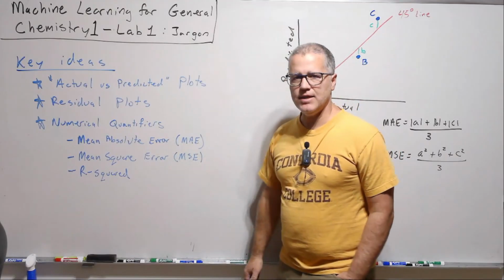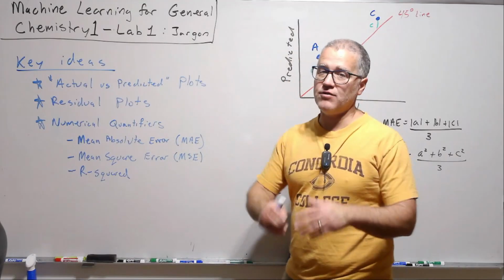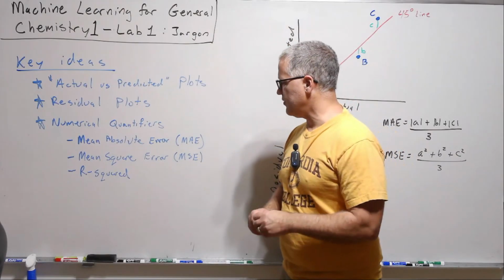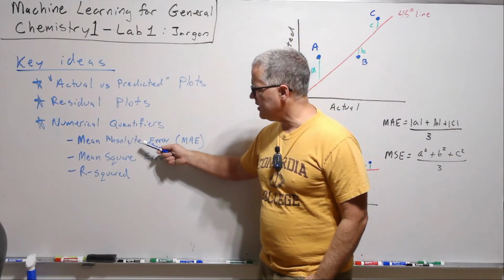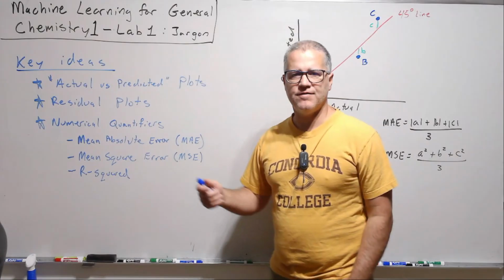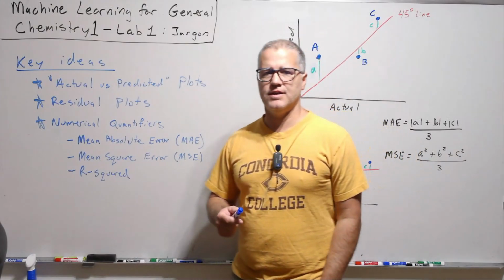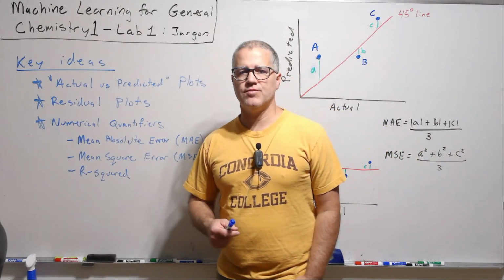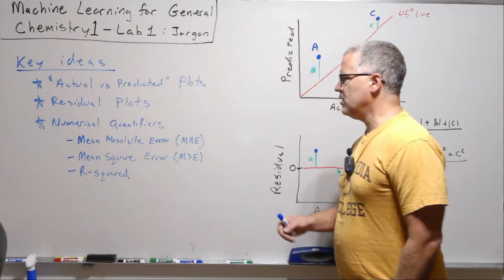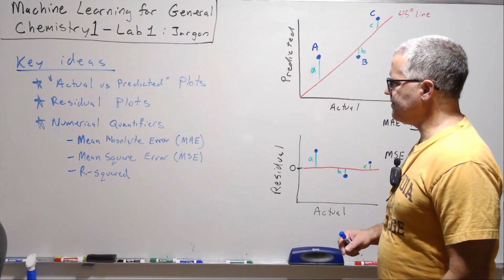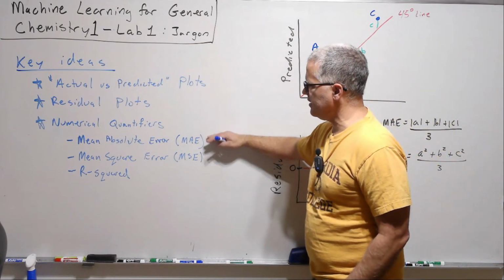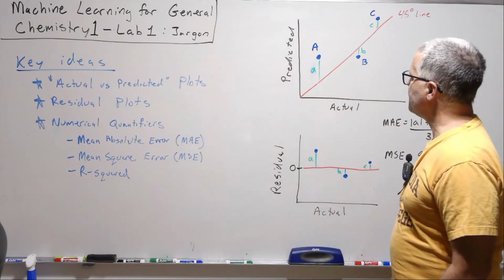And then three important numerical quantifiers out of many that professional chemists doing machine learning would look at: mean absolute error, mean square error, and R-squared. You're probably familiar with R-squared if you've been doing some general chemistry or general biology and you're plotting some data and looking at how well those data fit the line. So we're going to focus in on the plots and then these two measurements of error.